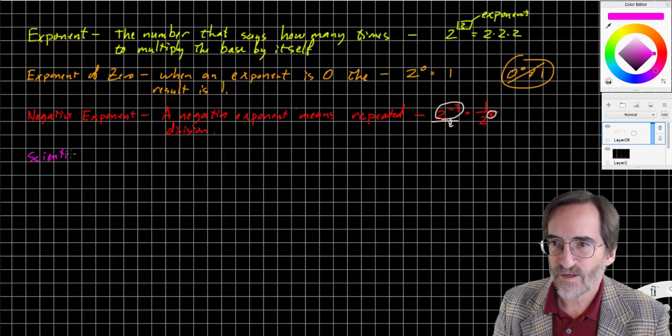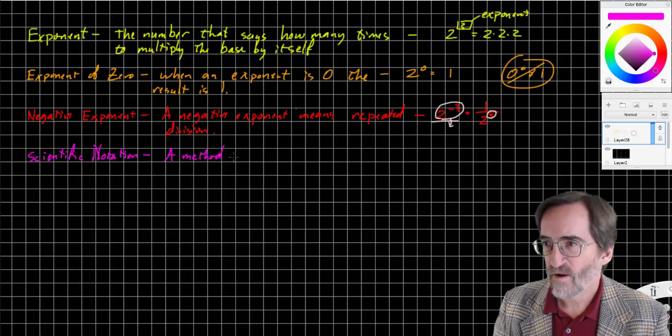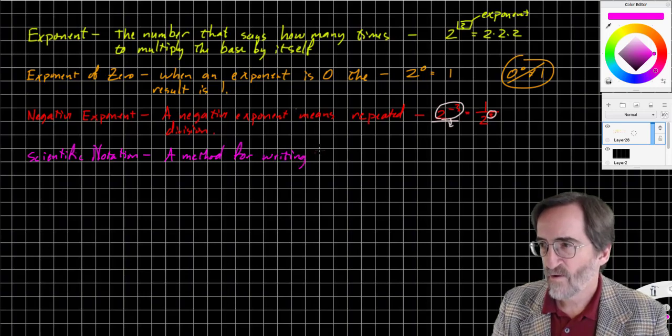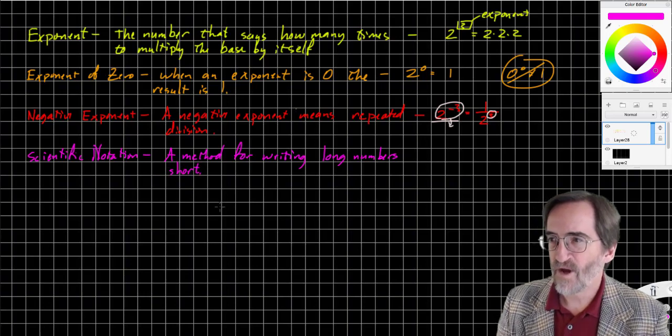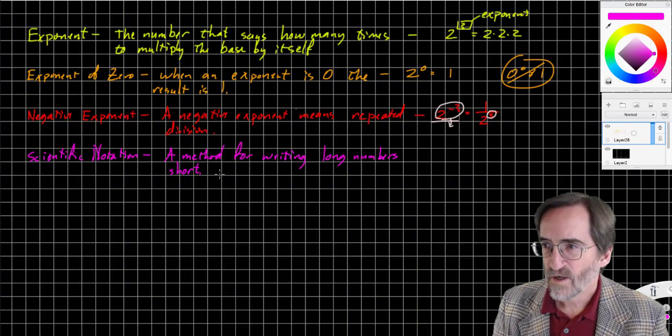It's a method for writing long numbers short, in the form a digit, a decimal, any number of digits, times 10 to some power.